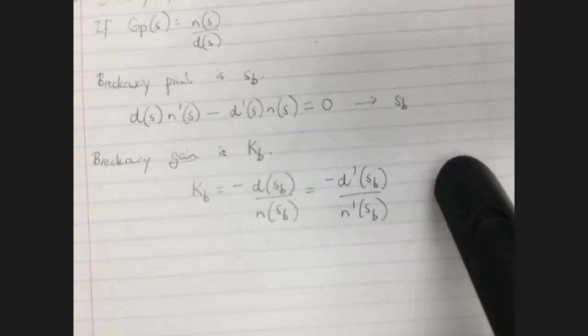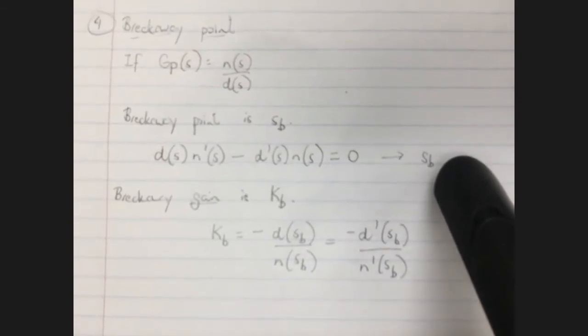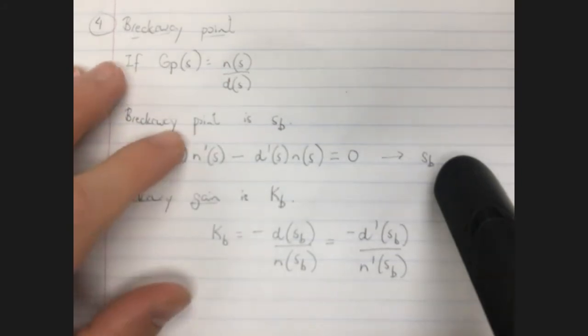Okay, so there's a couple little formulas there to determine exactly where you are breaking away from the axis. In a lot of cases, it ends up being towards the middle, depending on what poles and zeros you have, but this will give you the exact gain and the exact point at which you break away.